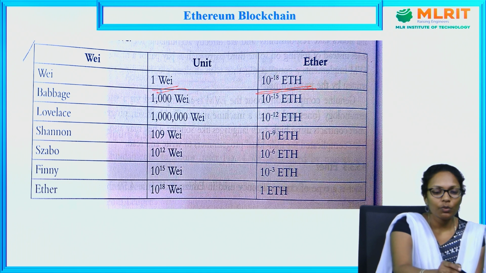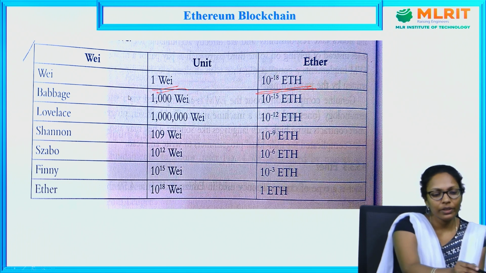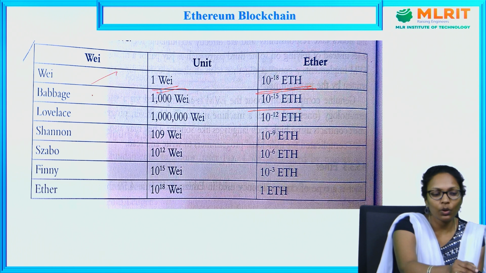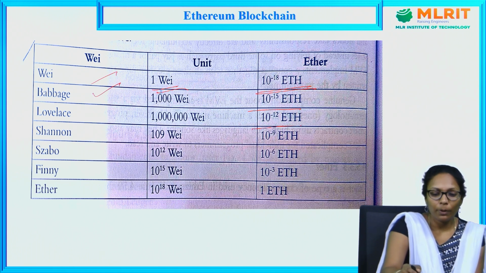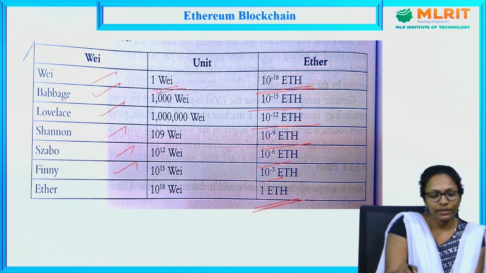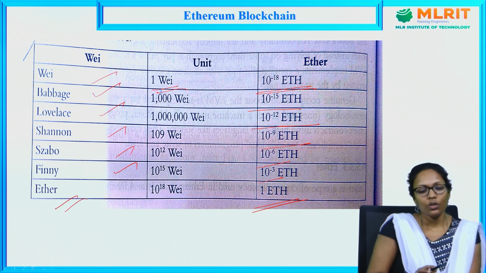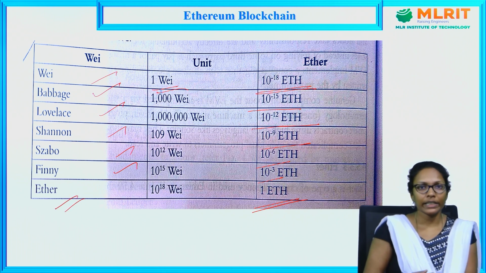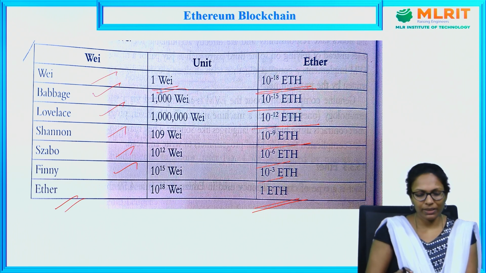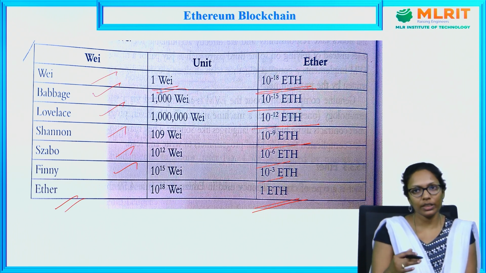If it is 10 power minus 15 ETH, we can call it Babbage, 10 power minus 12 ETH, Lovelace, 10 power minus 9 Shannon, 10 power minus 6 Szabo, 10 power minus 3 Finney, and if it is 1 Ether, you call it an Ether. So if we cannot buy the complete Ether, we can also buy a part of the Ether. These are the terminologies we are using for this amount.